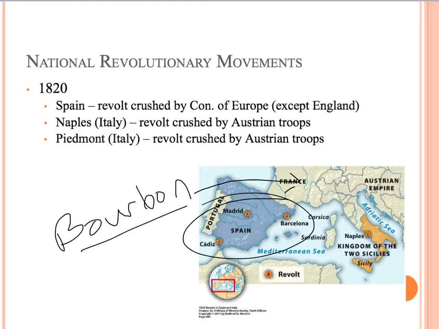So the Spanish did not like Bourbons sitting in their territory and telling them what to do. So they started to rebel. This revolt was put down quite quickly, but it's a key point because at this point England did not agree with the handling of the revolt. So they withdrew from the Concert of Europe, and that's something to keep in mind.